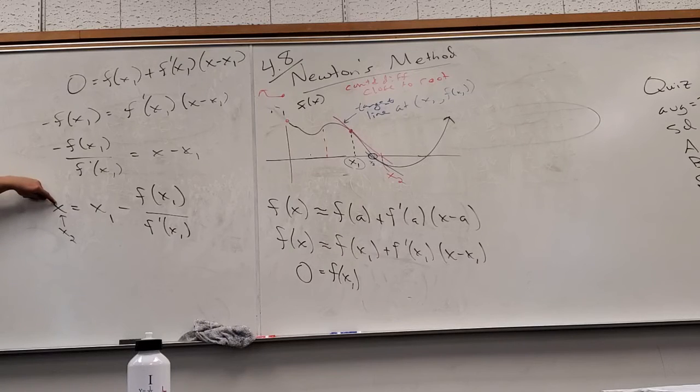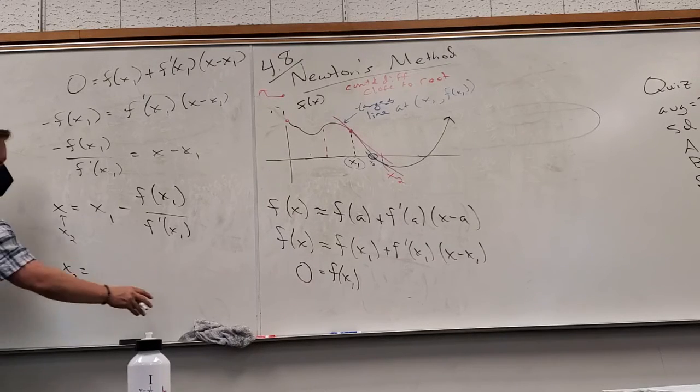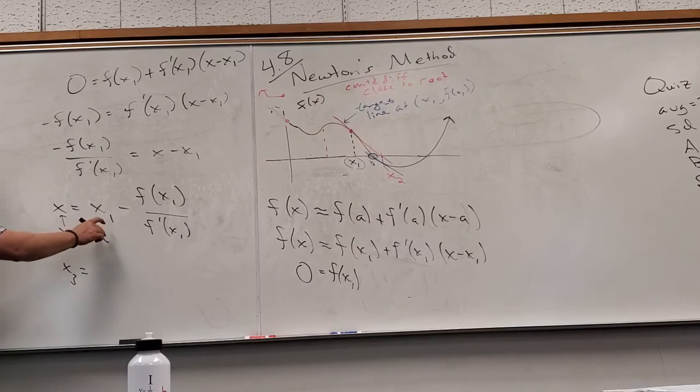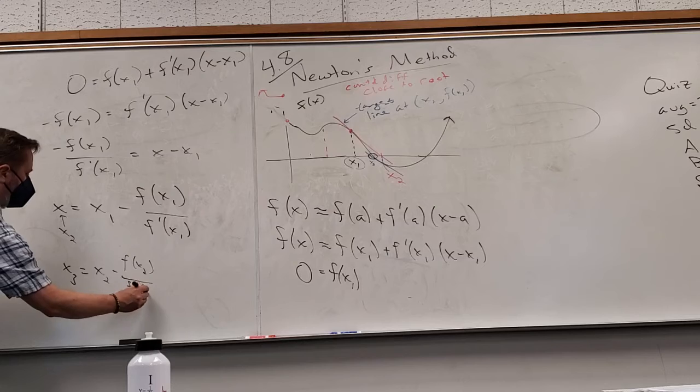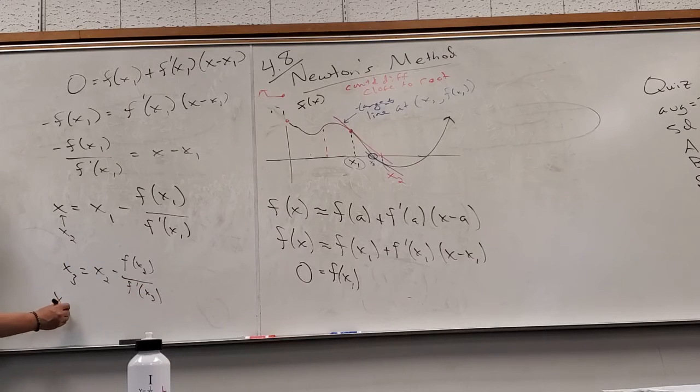It is the x-intercept of this tangent line, but what do we then use it for? Our second guess. And it should be better than our first guess. So what would x3 be? So what would xn plus 1 be?